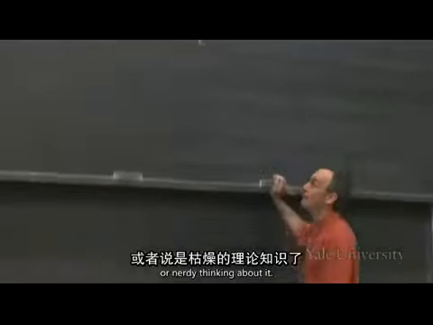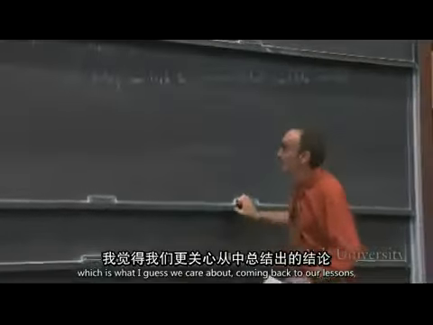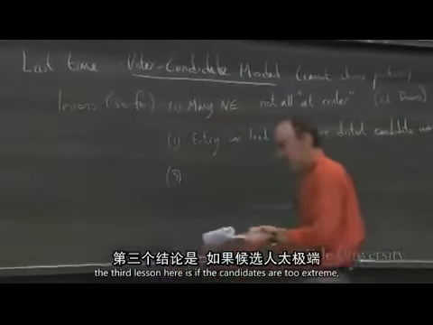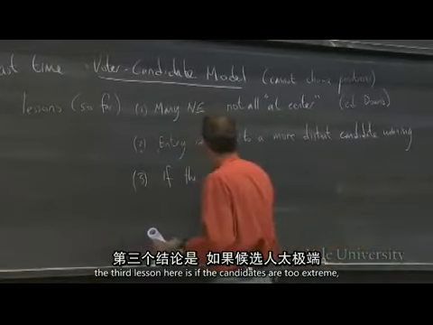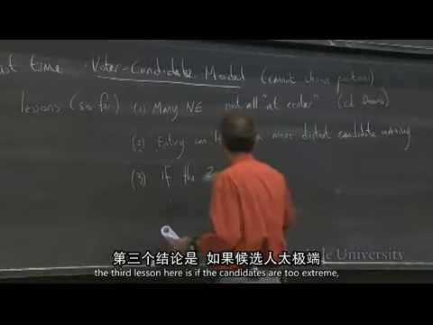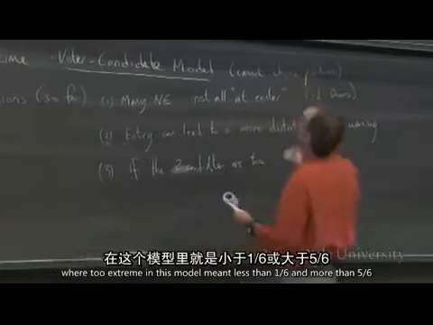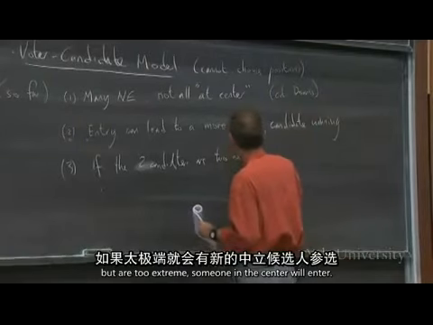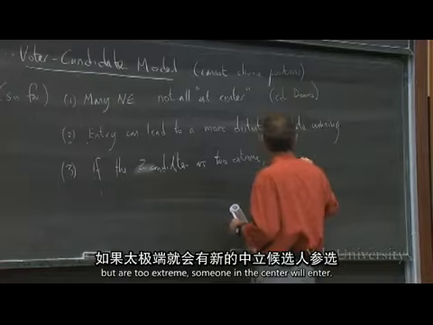But coming back to our lessons, the third lesson here is if the two candidates are too extreme, where too extreme in this model meant less than a 6th and more than 5/6, someone in the center will enter.